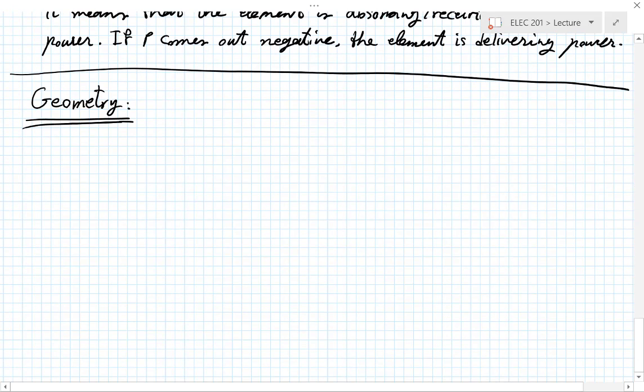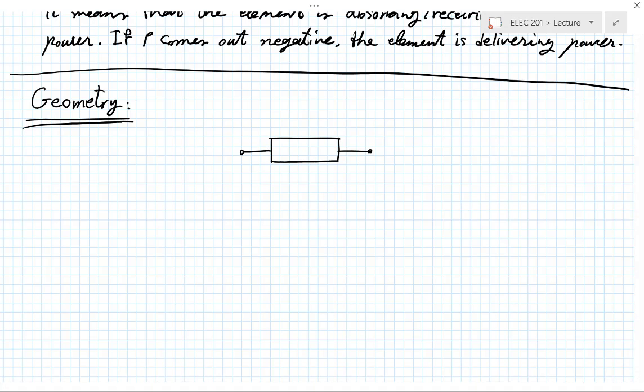And for now, again, I don't want to emphasize any particular element, resistor or transistor or capacitor. So I'll just draw these boxes. Okay, so you can take an element like that. By the way, this element has two terminals or two ports.